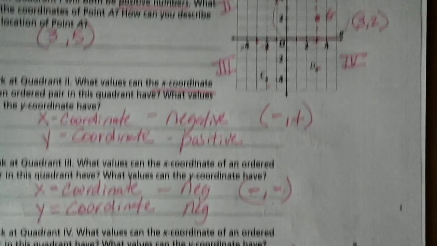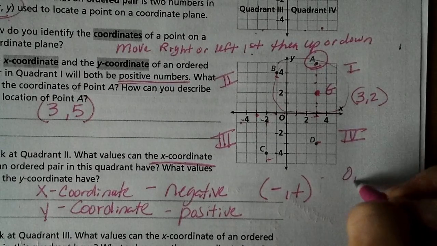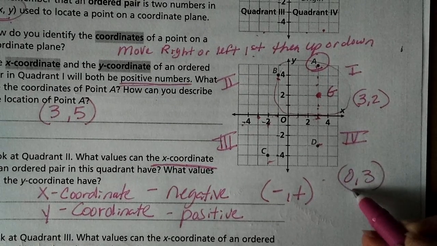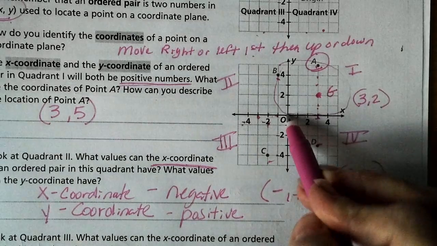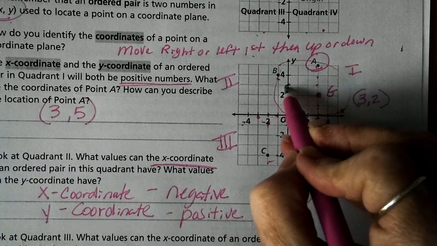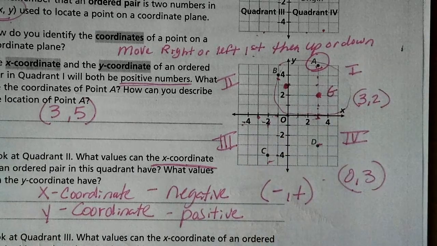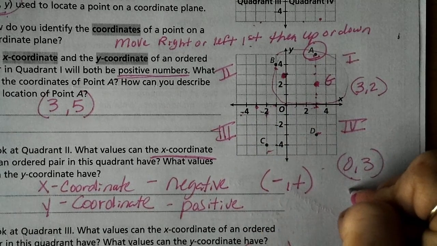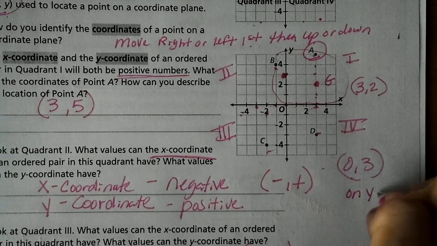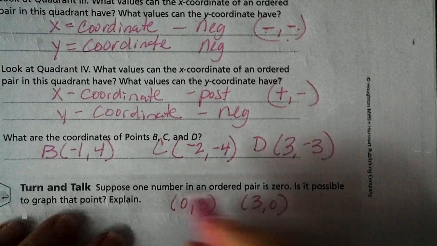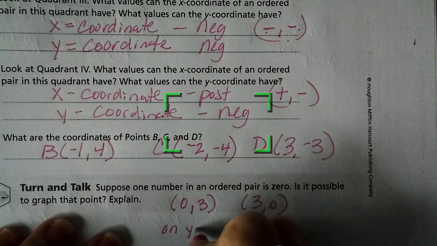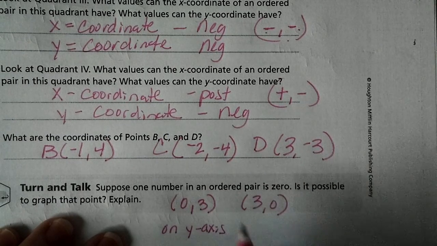All right, so let's look. (0, 3). I would start at 0, so I don't go anywhere, but I go up 3. So (0, 3) is on the y-axis.